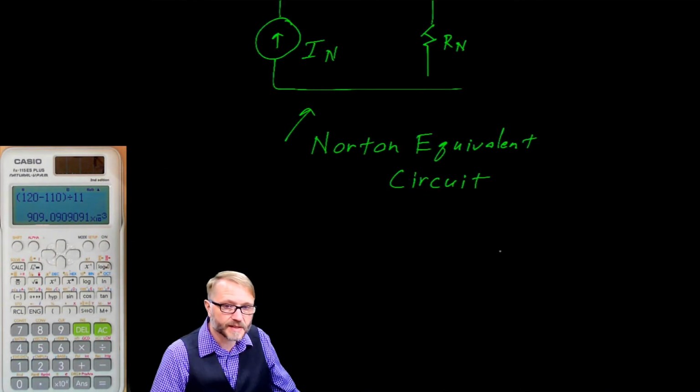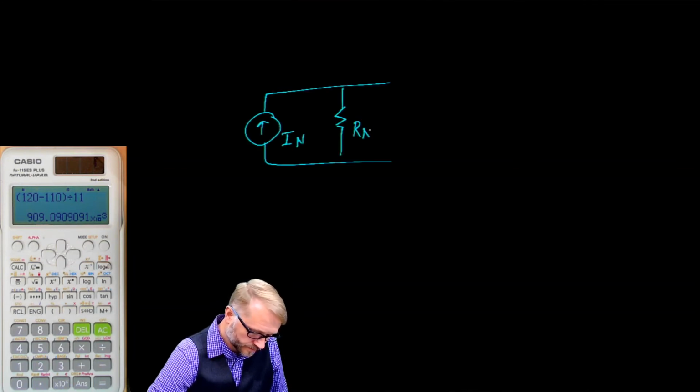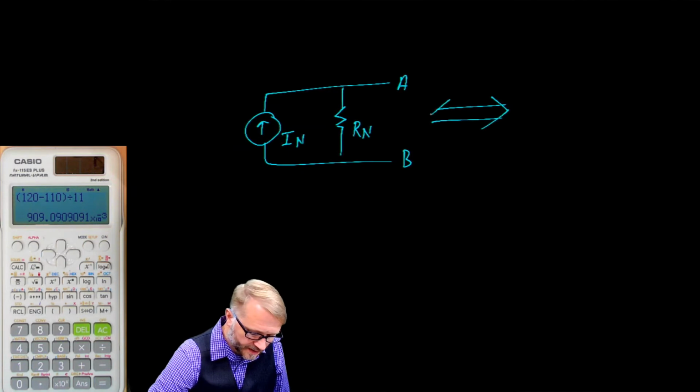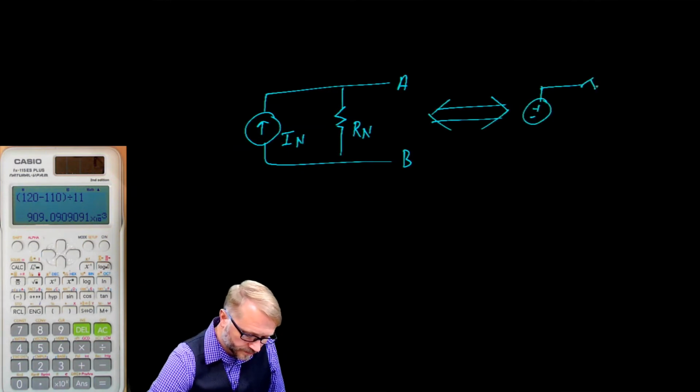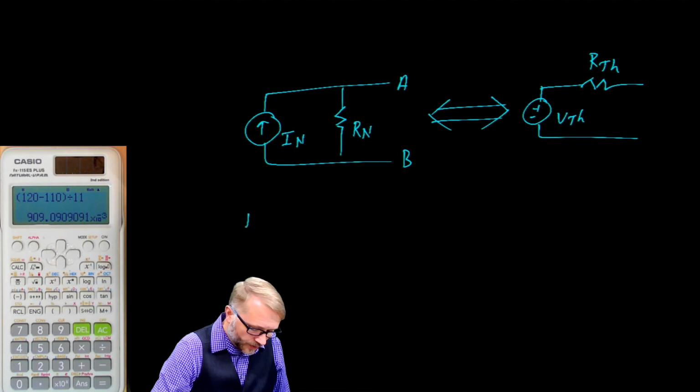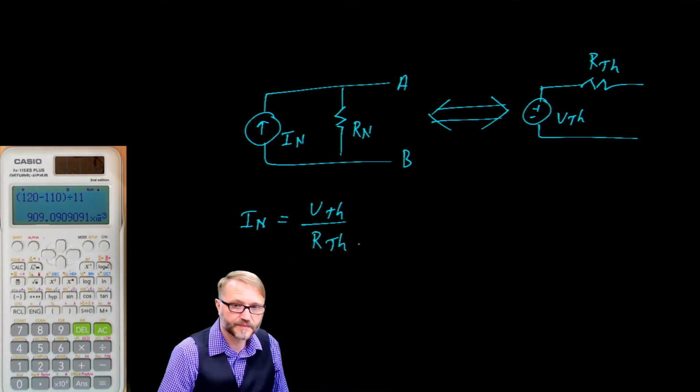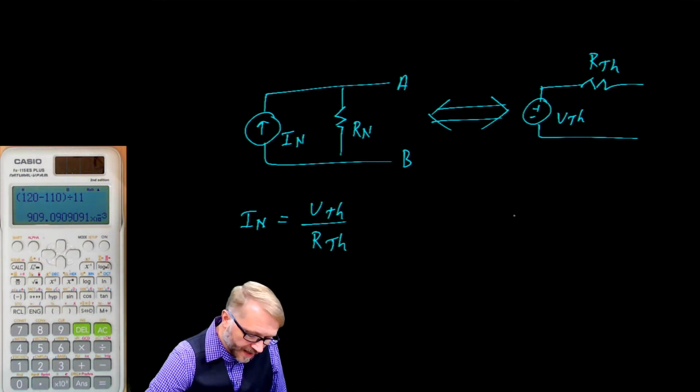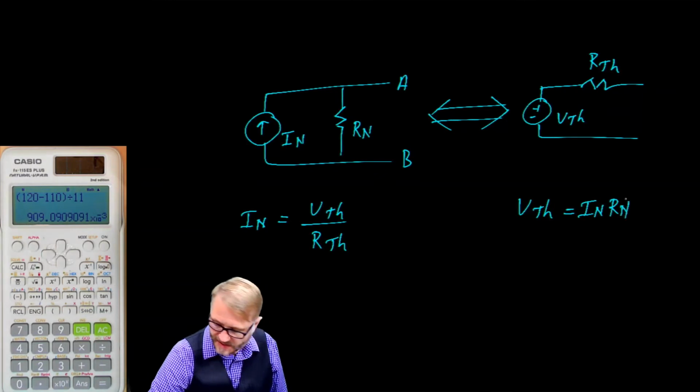The nice thing is that we can convert between Norton and Thevenin quite easily. We're going to need two pictures for that. Here's Norton, and here is Thevenin. A Norton current is a Thevenin voltage divided by a Thevenin resistance. Well, that one's not too bad. A Thevenin voltage is a Norton current times a Norton resistance.